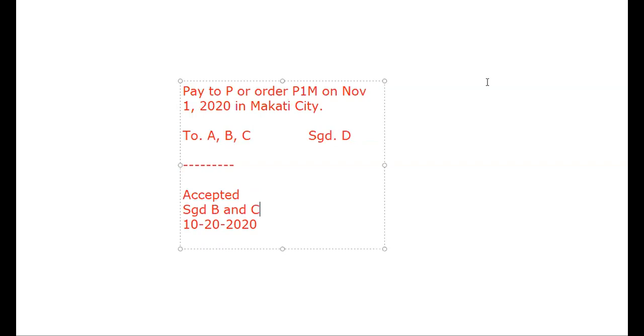If he cannot obtain general acceptance, or in a situation whereby the drawee is only willing to make a qualified acceptance, the holder of the instrument has the right to treat and consider the instrument dishonored by non-acceptance. So, to recap, ano yung mga karapatan ng holders insofar acceptance is concerned?